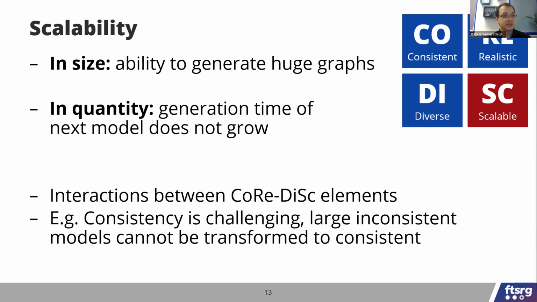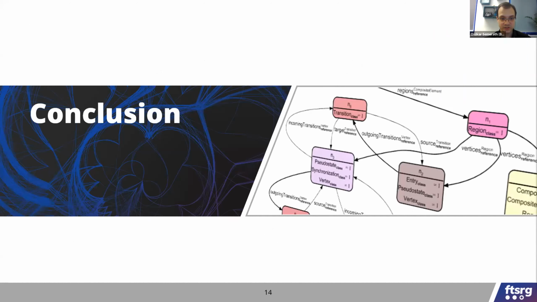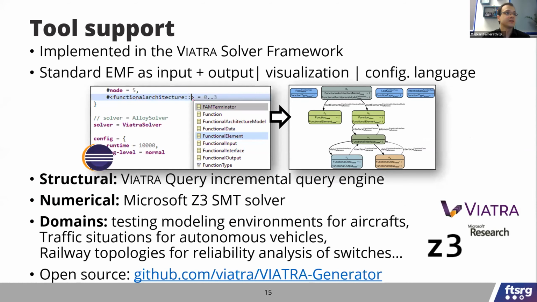For example, consistency can be very challenging, and this can give us an upper limit for the model size. And we can see that if we have large inconsistent models generated by another approach, models cannot be transformed or healed into consistent ones. So I would like to summarize my presentation.